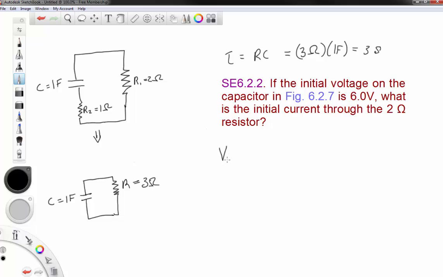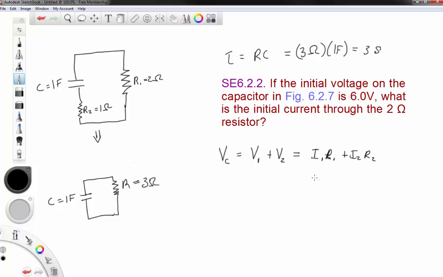So V on the capacitor has to be equal to V through resistor 1 plus V through resistor 2. And that therefore has to be equal to current through 1 times resistance of 1 plus current through 2 times resistance of 2.